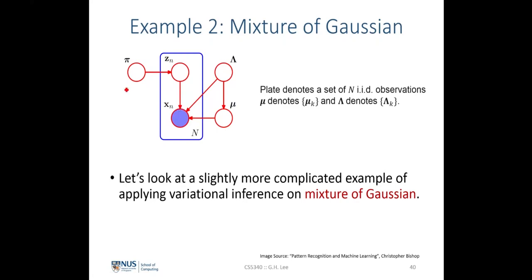And pi represents the mixing coefficient, which parameterizes the categorical distribution of Z, our latent random variable. And lambda and mu represent the precision, or the inverse of the covariance, and the mean respectively.